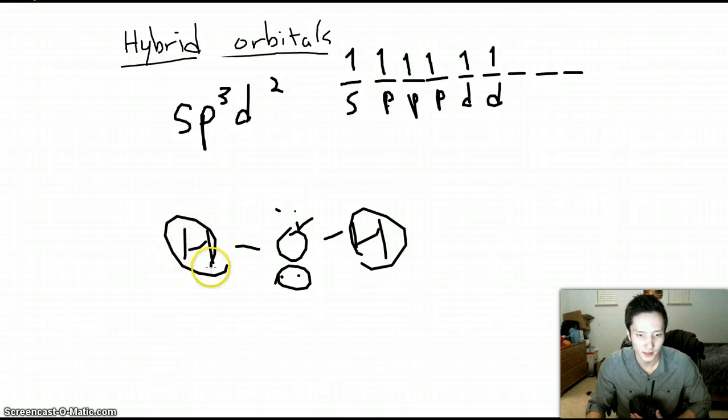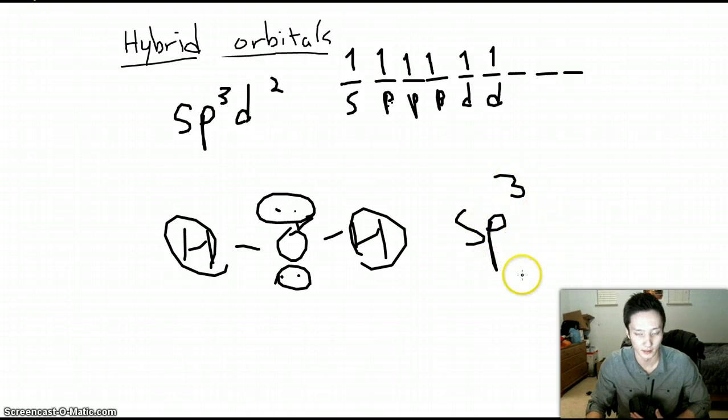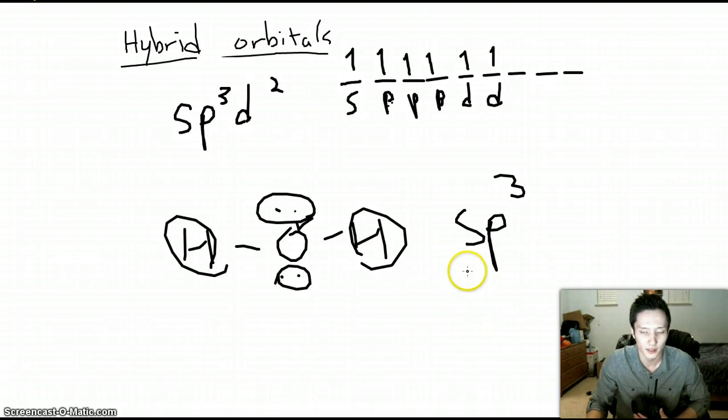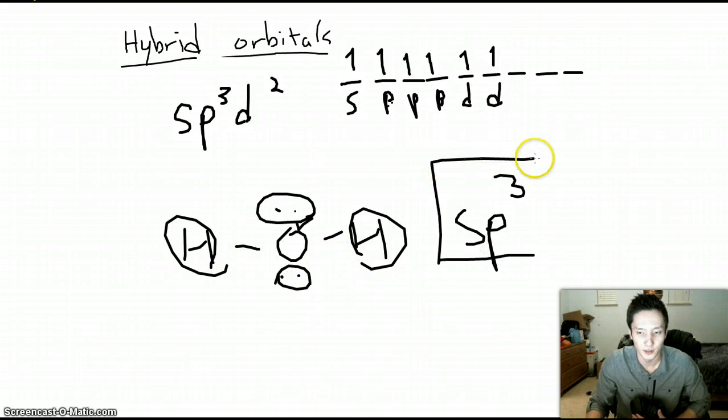We have 3, so sp2, and we have 4 attachments, so sp3. So all these electrons around oxygen are sp3 hybridized. That's all it is. So on your review worksheet where it says hybridization, you're going to tell me for water that it's sp3.